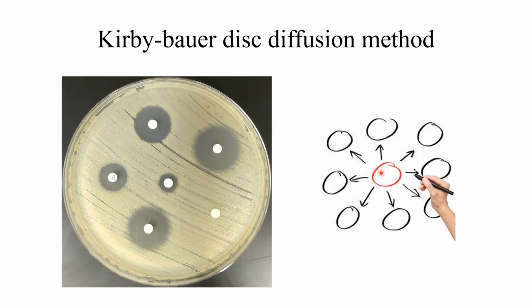You can say this is the antibiotic disk, and the antibiotic will diffuse in the medium and kill the bacteria which are near the disk. So we will get a zone like this. These are the clear zones, and by seeing this zone, we will get an idea whether the organism is susceptible or resistant to this particular drug.